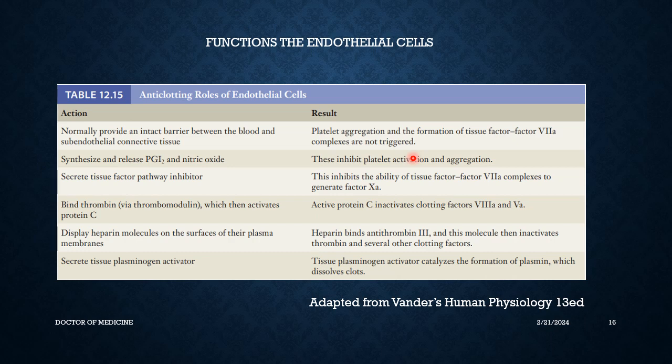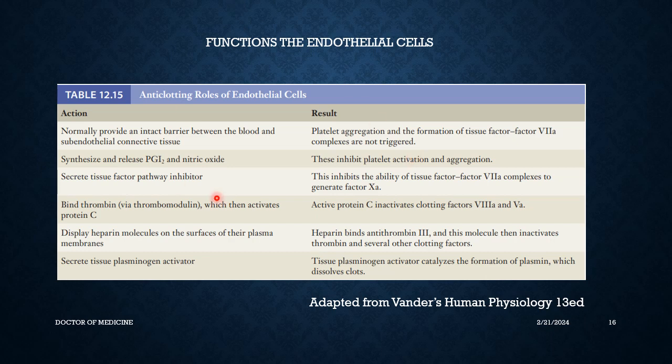Okay, the endothelial cells are also responsible for producing the anticoagulants or the inhibitors of coagulation, which are prostaglandin I2 and nitric oxide. They secrete the tissue factor pathway inhibitor. So the tissue factor pathway inhibitor is secreted from your endothelial cells.